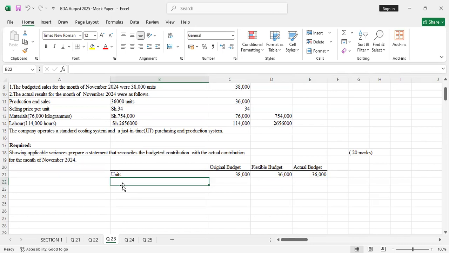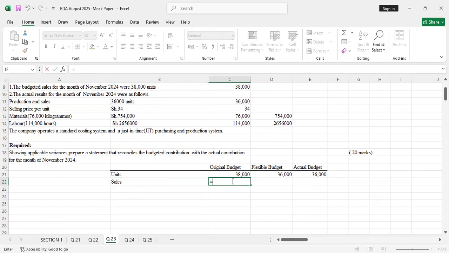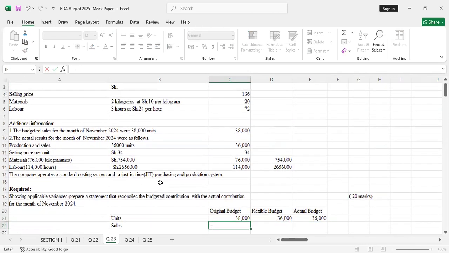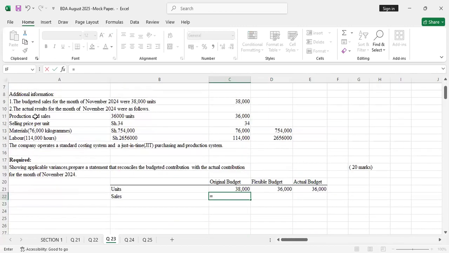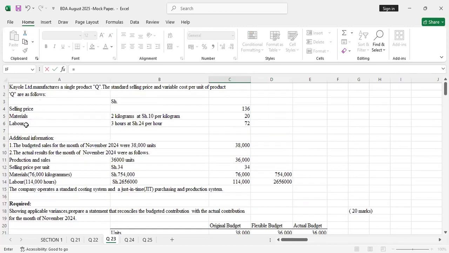What follows is the sales. So what is the selling price per unit under the original budget? That's what we have to ask ourselves. The selling price per unit under the budget is up here.